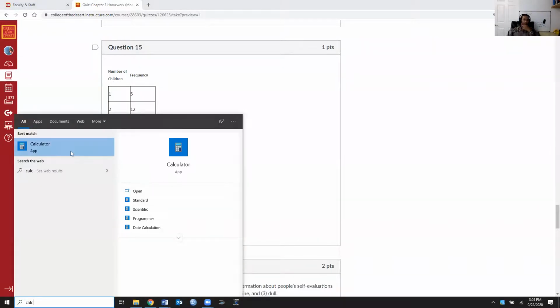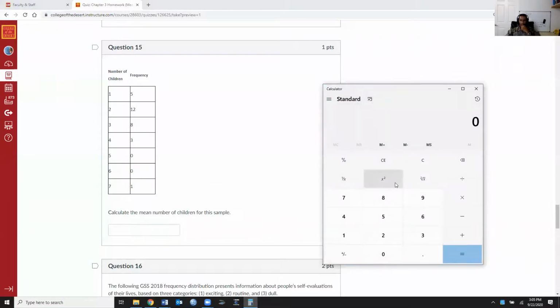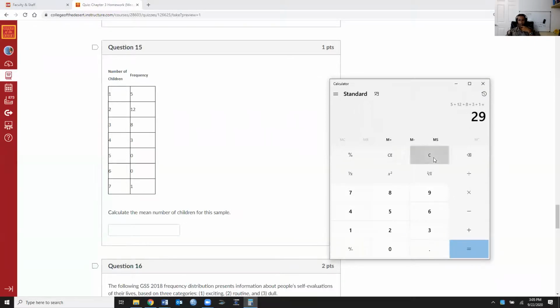So we're going to throw that calculator out again. The first category is 5 plus 12 plus 8 plus 3 plus 1, which gives me 17, 25, 28, 29. That gives me an n of 29. Okay, that's the first thing that we need to do. Everybody's with me? Our n is 29.